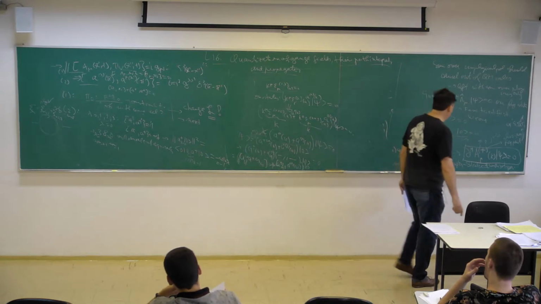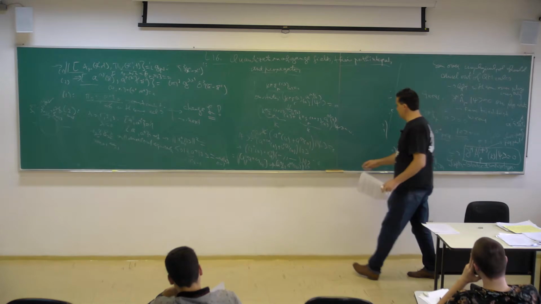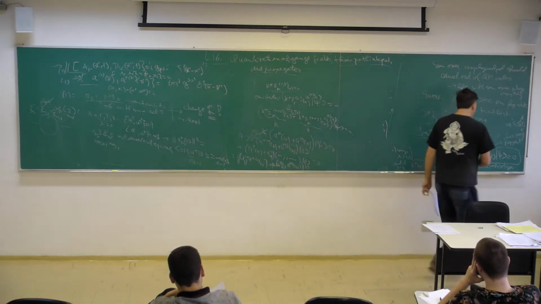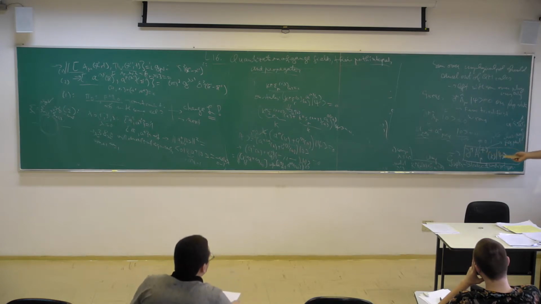And finally, let me make one more observation. It would seem like this is a stupid thing to do because, after all, if you think of A mu as the classical field, the full condition was that d mu A mu is equal to 0, not a part of d mu A mu, right?